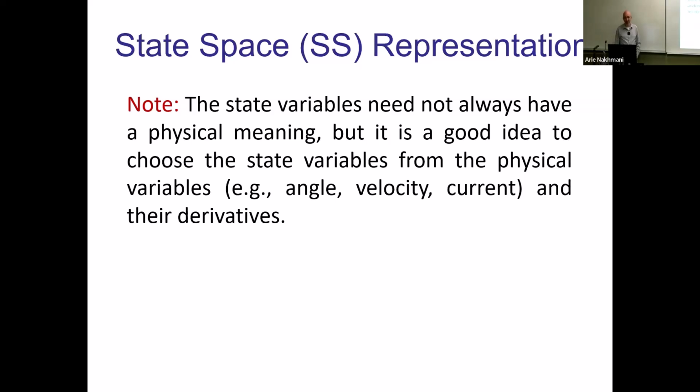Not always do state space variables have a particular physical meaning. Sometimes it's like the ratio of air incoming into an engine divided by current coming to some motor, whatever. It could be all kinds of weird things that you cannot even measure, you cannot see them, you cannot do anything about them. They're hidden variables.